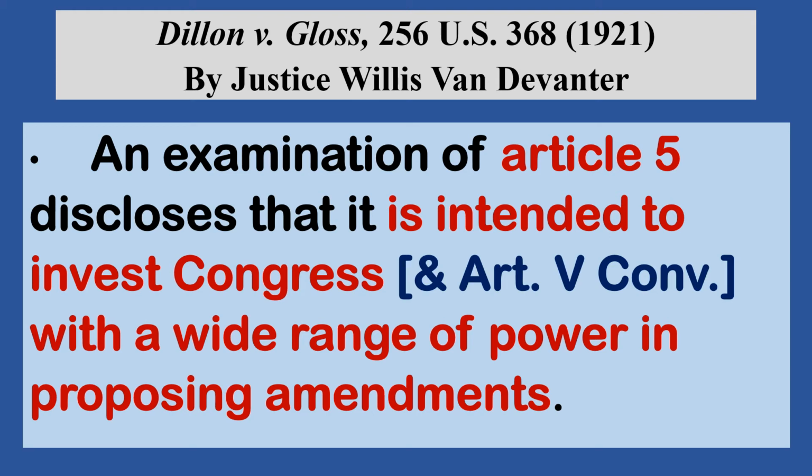Obviously, since the people delegated the power to amend government to Congress, when the people themselves are sitting in constitutional convention, they themselves also have a wide range of power in proposing amendments. To the extent that the people limit the government, the people do not limit themselves.